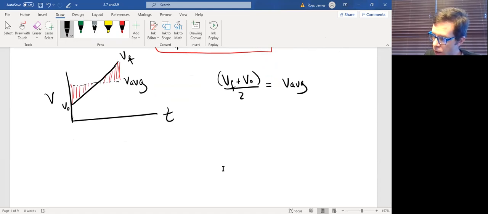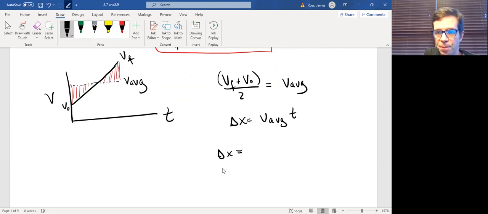We can recall our distance equals average velocity times time equation and use this for our average velocity, right? So if we say delta x is equal to v average times t, and we now plug this in, then we get delta x is v final plus v naught over 2 times t.